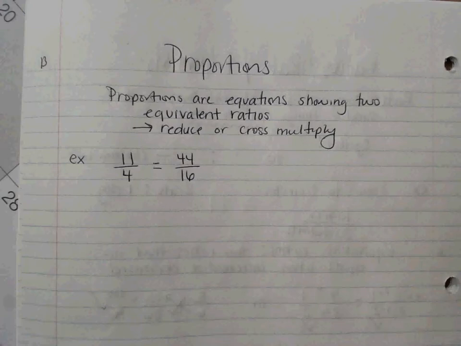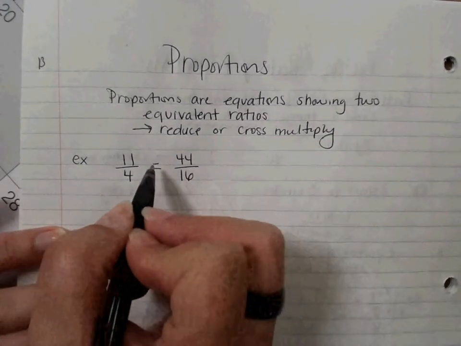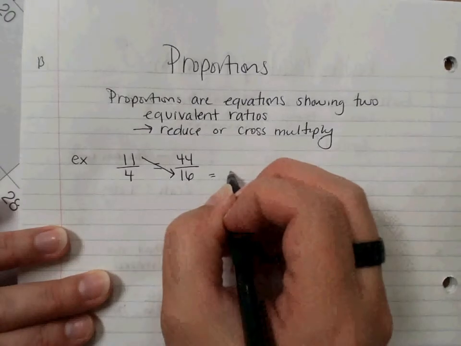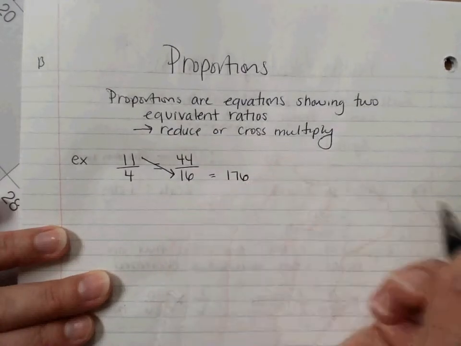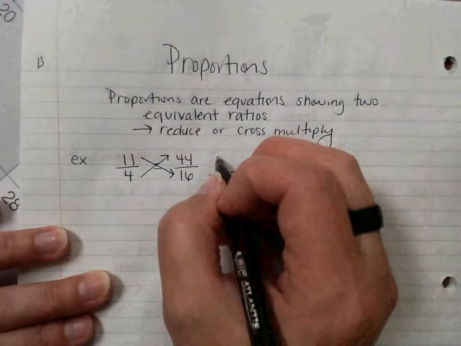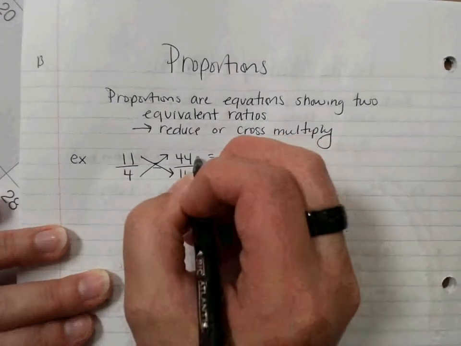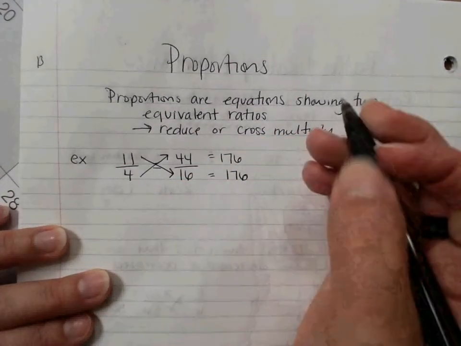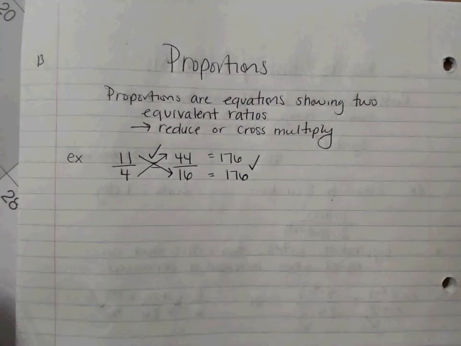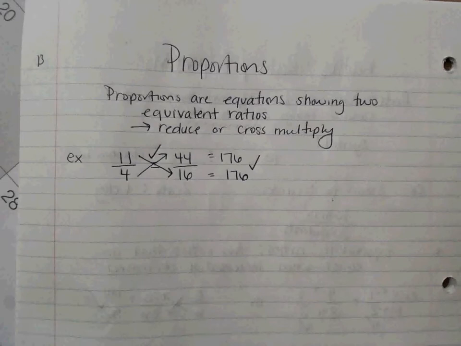So if I use my cross multiply method, I'm going to do 11 times 16, which equals 176. I'm going to do 4 times 44, which equals 176. Since these two are equal, yes, this is a proportional equation. These two ratios are equivalent to each other.